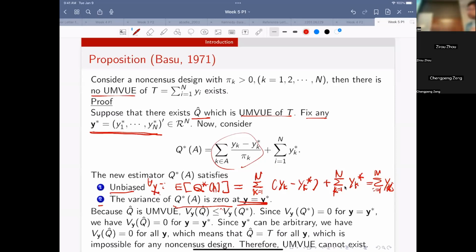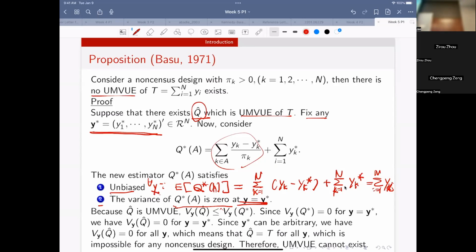Now, this is one estimator, but we started by assuming that there exists a UMVU. So the UMVU is supposed to be better than this estimator, which is impossible because this is zero.